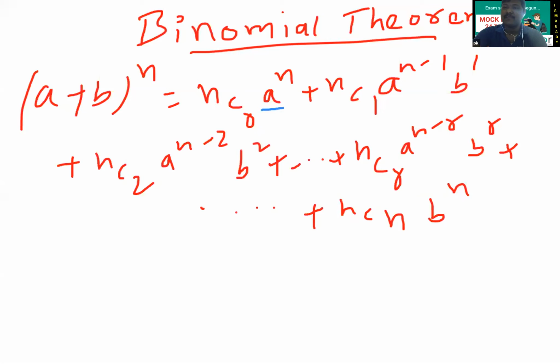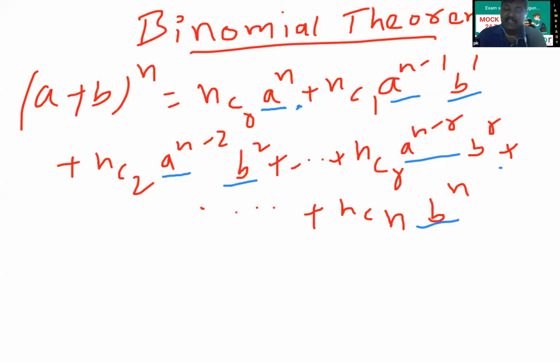First A^n, next A^(n-1), A^(n-2), A^(n-R), and last A^0. No A, that means A^0. Power of B increasing. First B^0, B^1, B square, B cube, and so on, B^n. How to remember binomial theorem means coefficients are NC0, NC1, NC2, NC3, and so on, and NCn.